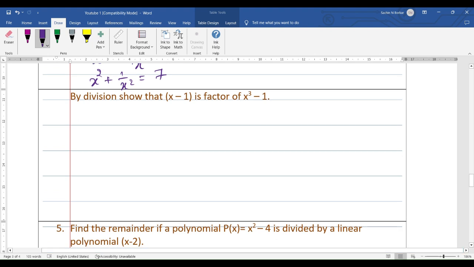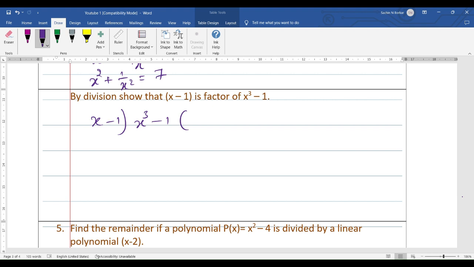By division, show that x minus 1 is a factor of x cube minus 1. So division, they are saying, take x minus 1 dividing x cube minus 1.